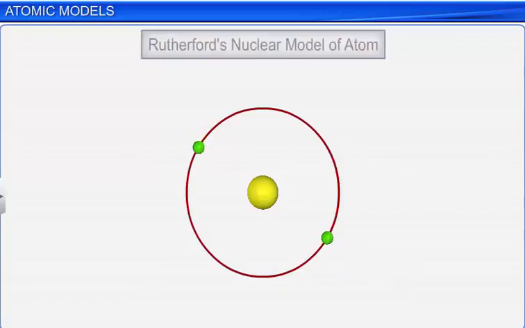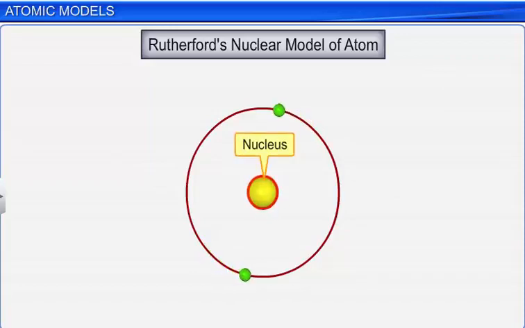According to Rutherford's nuclear model, an atom consists of a tiny, dense, positively charged center called nucleus. Entire positive charge and most of the atomic mass of an atom is concentrated in the nucleus. Electrons are found outside the nucleus.